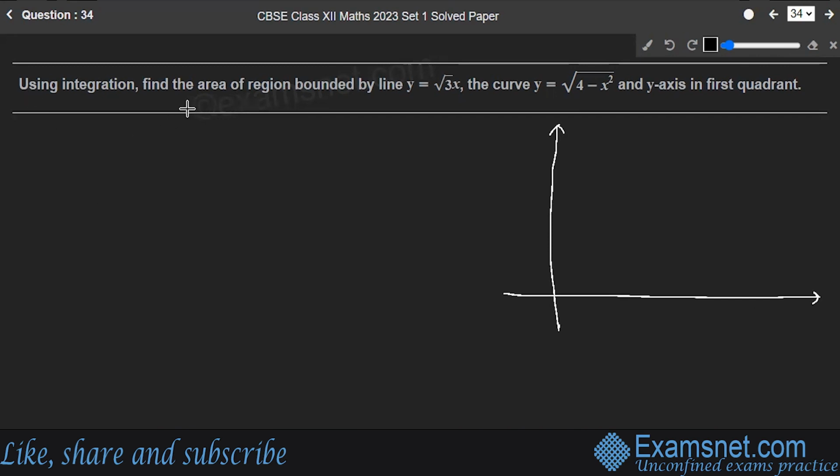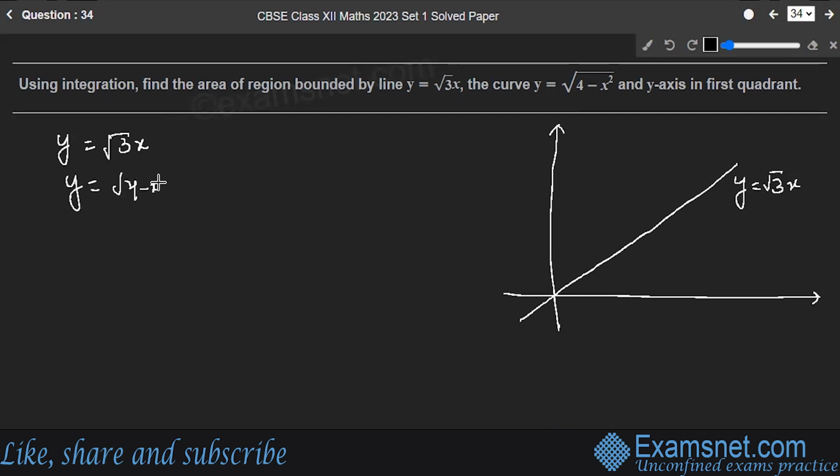So first is the line y equal to root 3x. This is a straight line passing through the origin. The second one is the curve y equal to root of 4 minus x square. This makes x square plus y square equal to 4, so that's a circle, right? You have to find it in the first quadrant, so I'll just make that part of the circle.